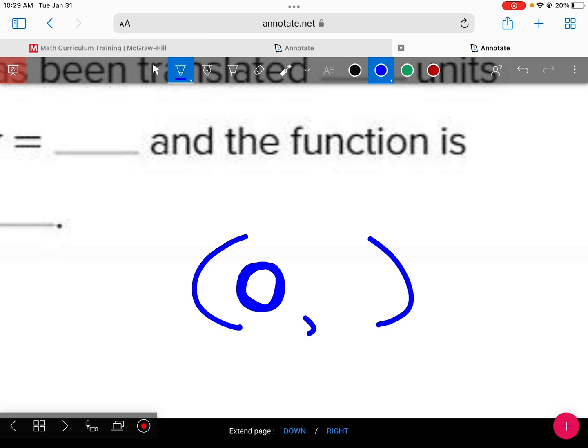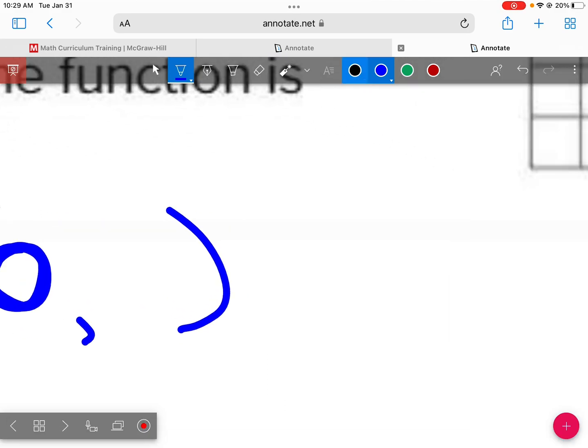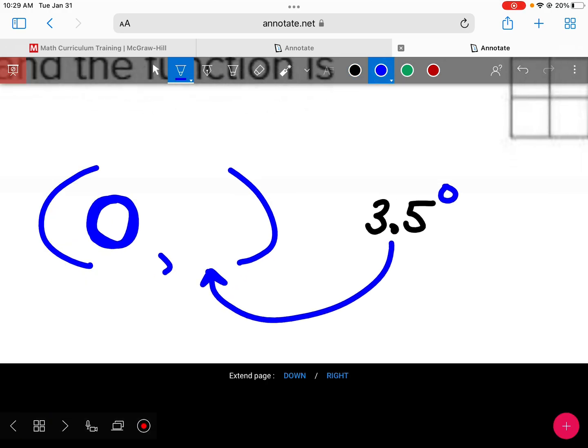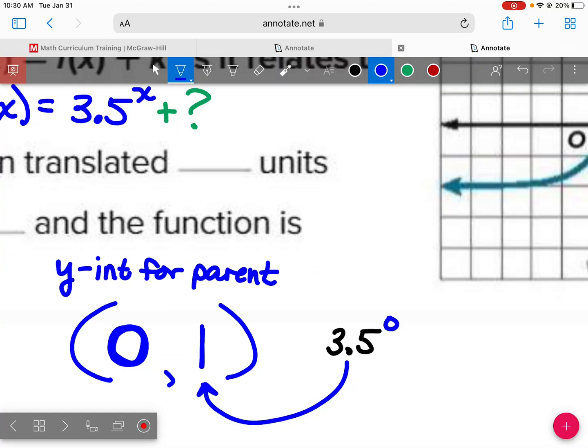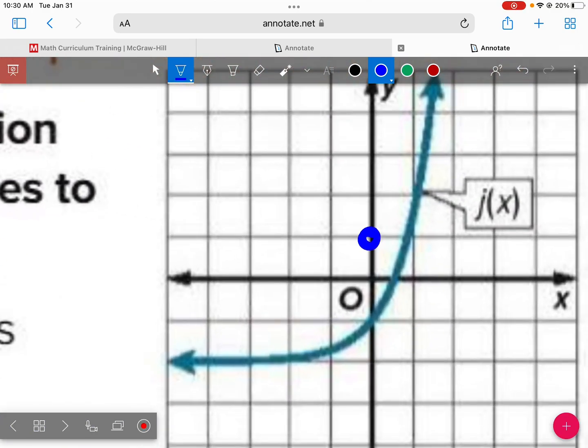So let's see what happens if I plug 0 in the place of x. 3.5 to the power of 0, 1. So this would be the y-intercept for the parent. So it would be right here.